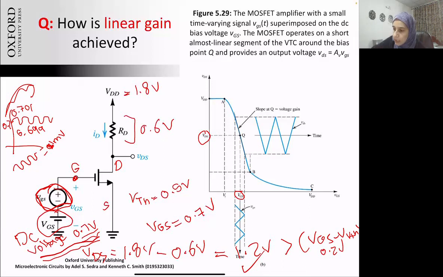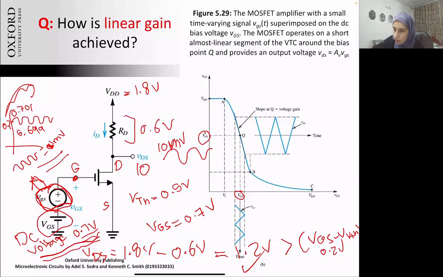And therefore, we usually amplify this small AC signal with 1 millivolt amplitude. If my amplifier has a gain of 10, at the output we will have an amplified signal, which is 10 millivolt amplitude.